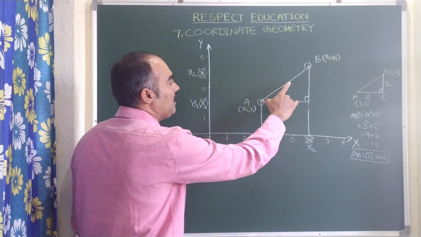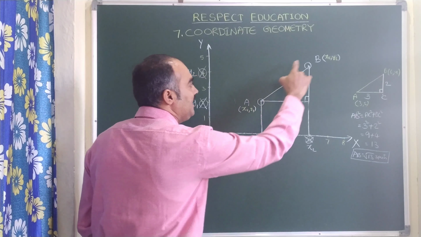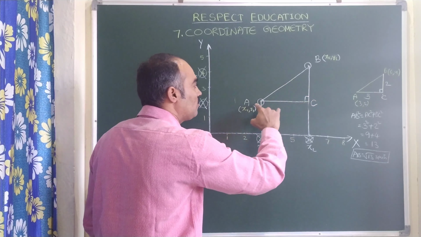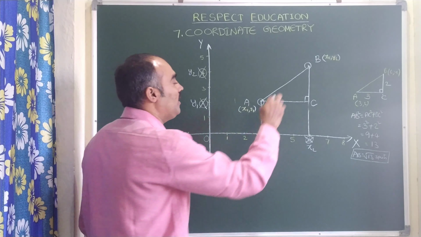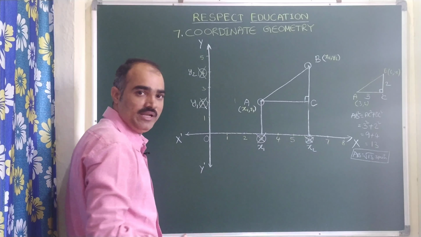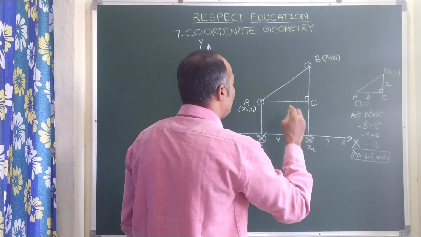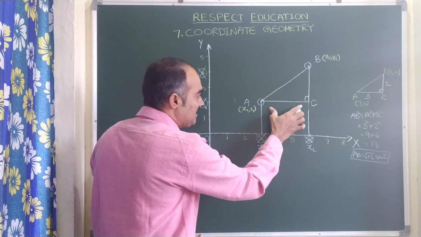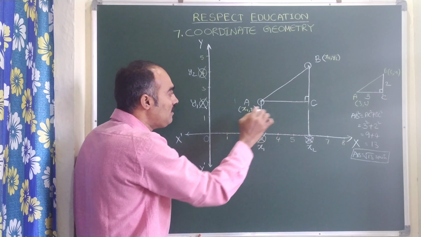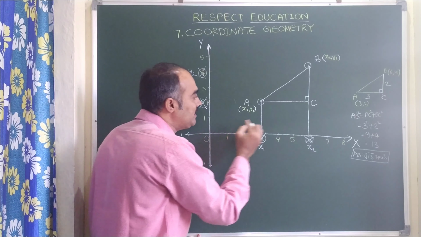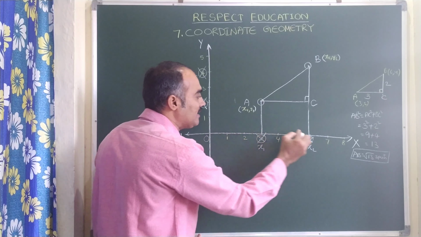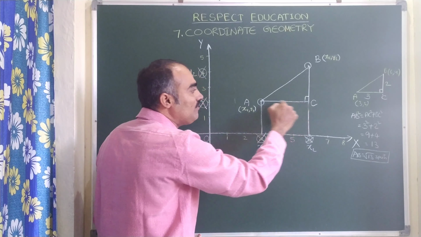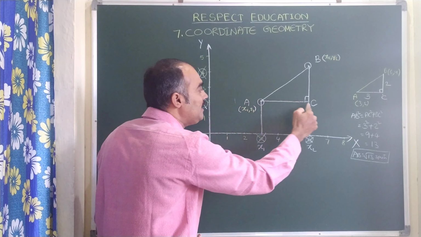Now we are going to apply Pythagoras theorem for this triangle AB. Let us take this point again C. So for this triangle ABC we are going to apply the Pythagoras theorem to find the distance between A and B. As usual, first I am going to find the distance between A and C, means AC. For that I am taking the help of O. The distance between O and C: point C is x2 units far away from O. So here OC is x2.